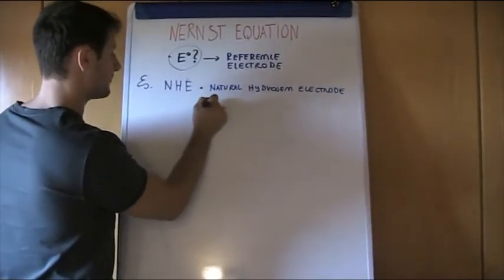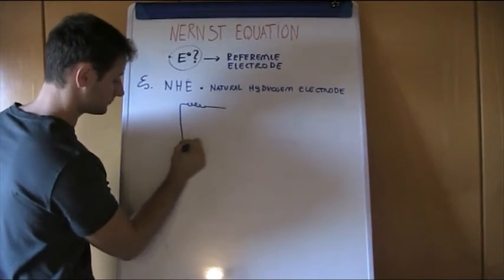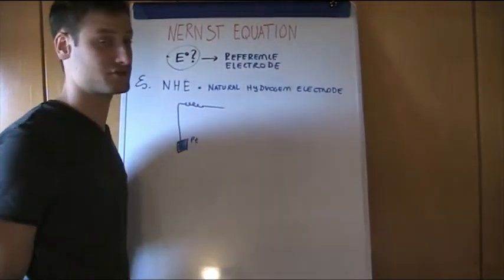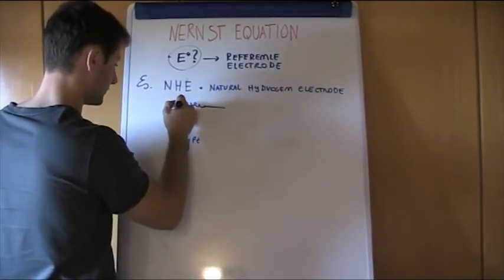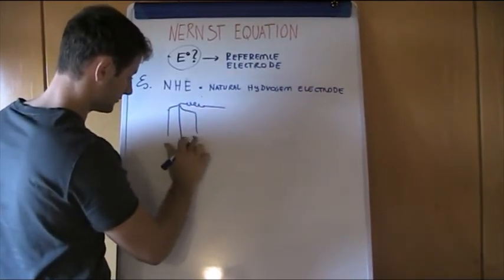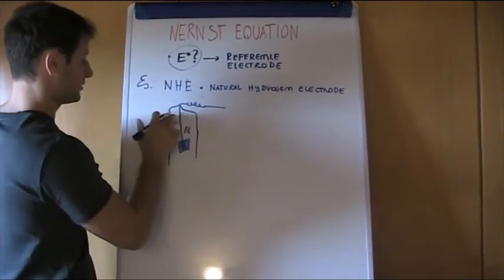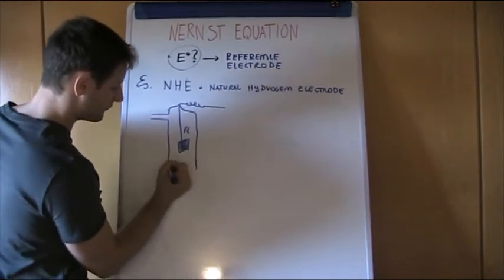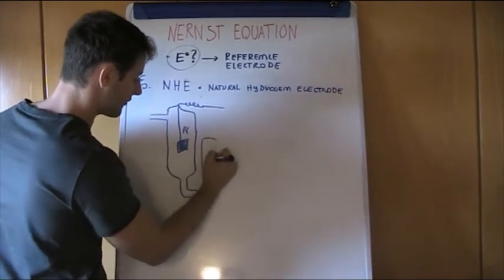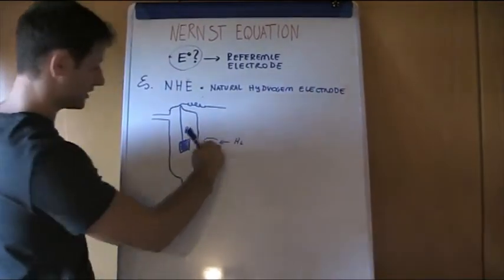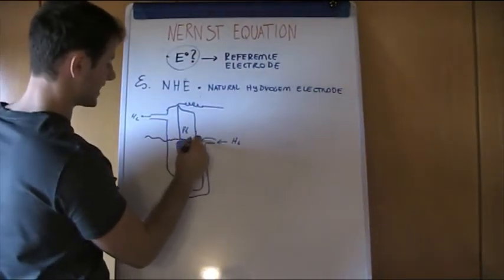We have a platinum wire with a platinum plate here, acting as a current collector, and we have a glass electrode in which we are flowing some molecular hydrogen that enters here and escapes here, and we are putting this inside an acid solution.